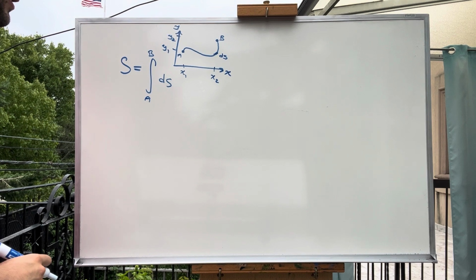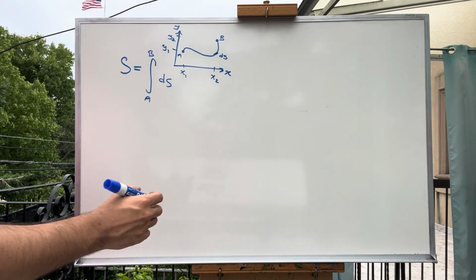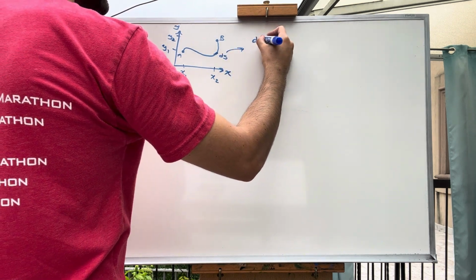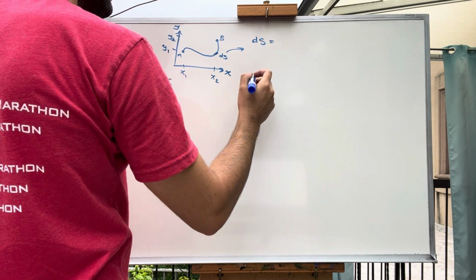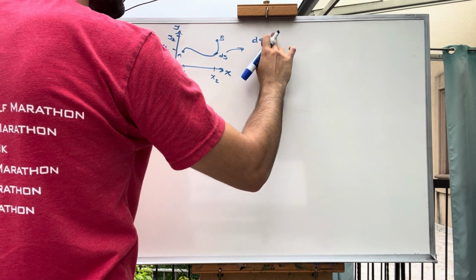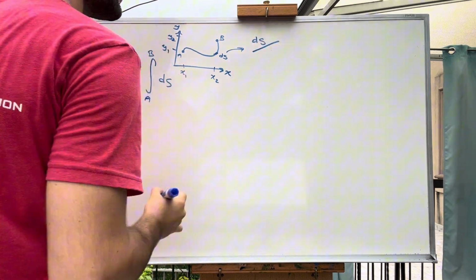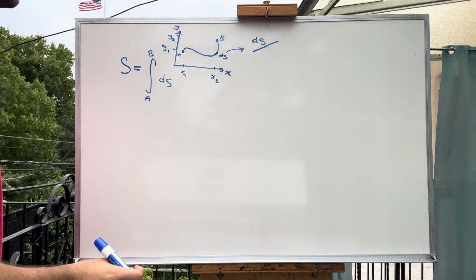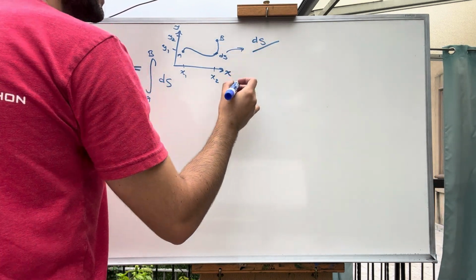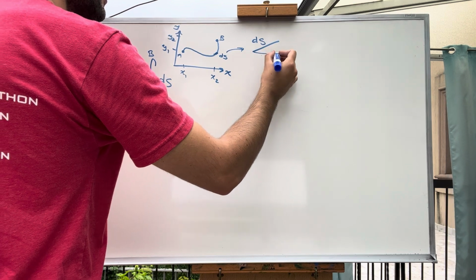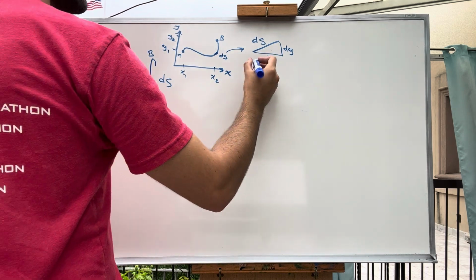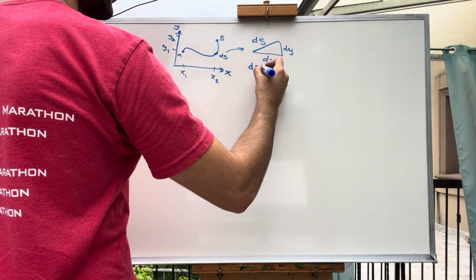And we can go ahead and look a little closer, and we can rewrite ds if we zoom in a little bit. If this is our tiny infinitesimal length ds, then we could break it down into our components dx and dy, and go ahead and write ds in terms of them.